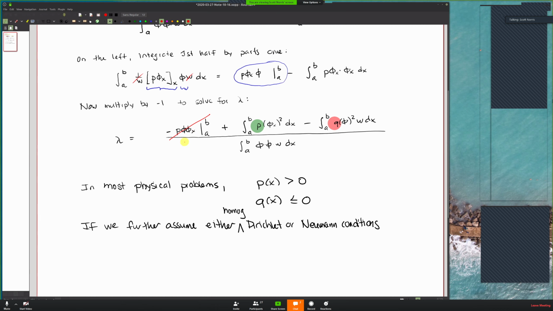And even if you have the more exotic, mixed type boundary conditions, in physical problems those are usually set up such that both of the terms that come from this will be positive, and furthermore contributing to the positive value of lambda. So this term looks negative, but usually it's 0, or in fact, there's a minus sign in here that turns that negative into a positive.